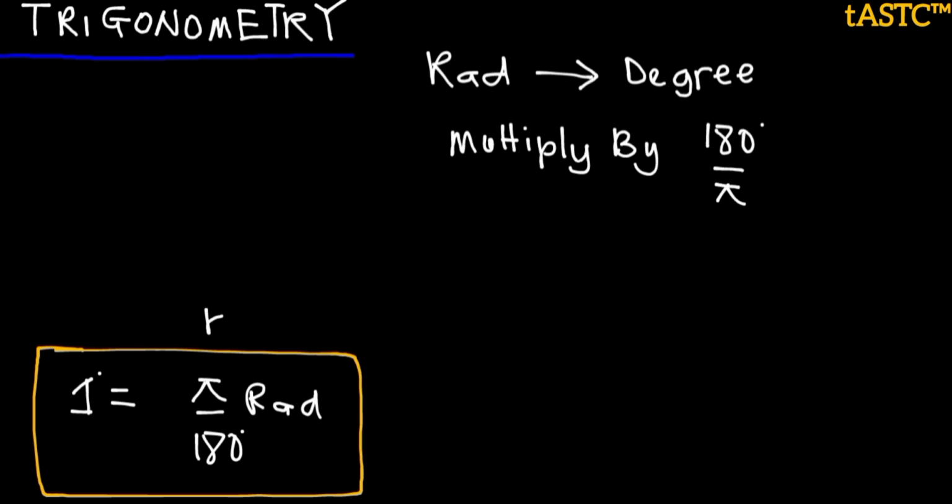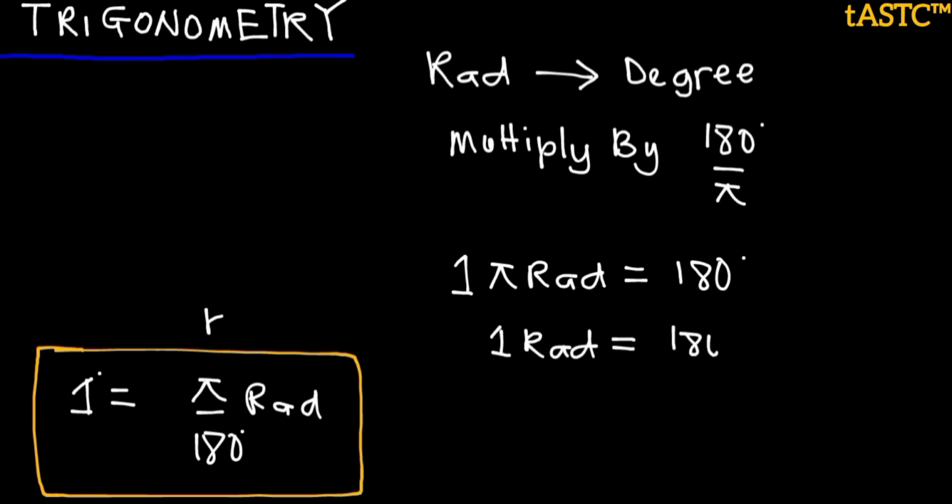Why is that? Because we had 1 pi rad equal to 180 degrees, right? Feel free to rewind the video and see where we wrote that. Now, if I wanted to change from rad to degree, I'm just going to take this away. So 1 rad, or 1 radian, will be equal to 180 divided by pi. So that is what you need. You always need to multiply by 180 over pi.